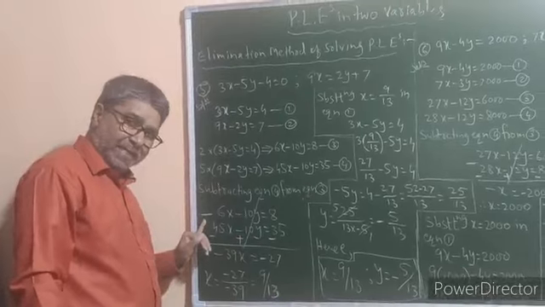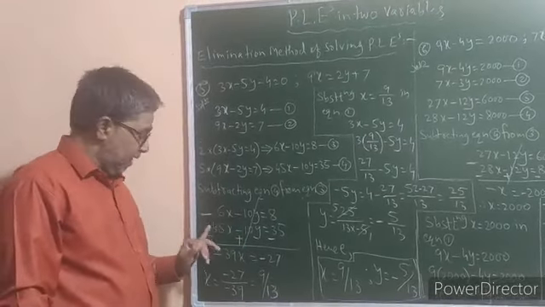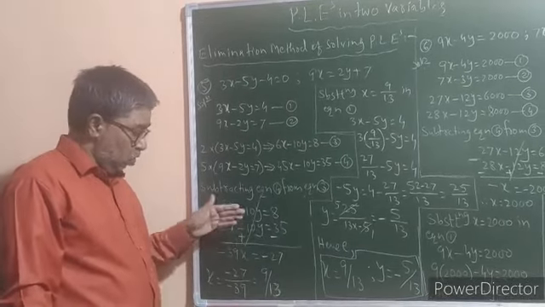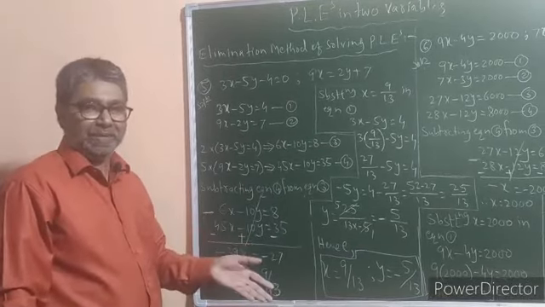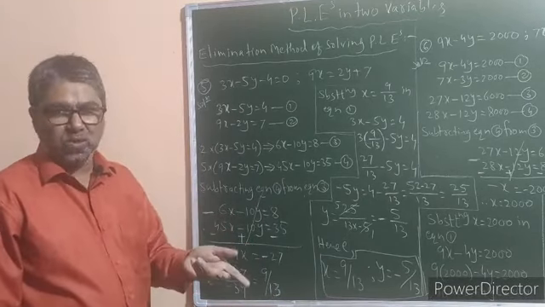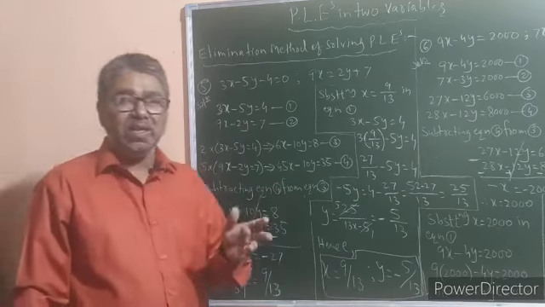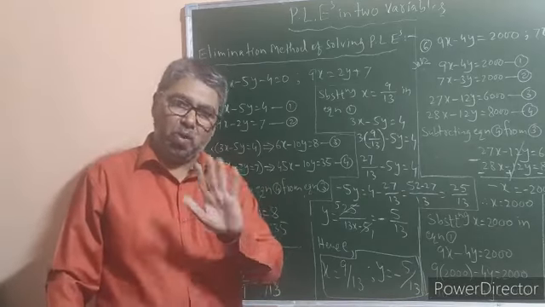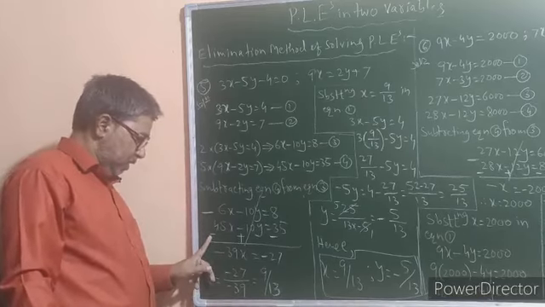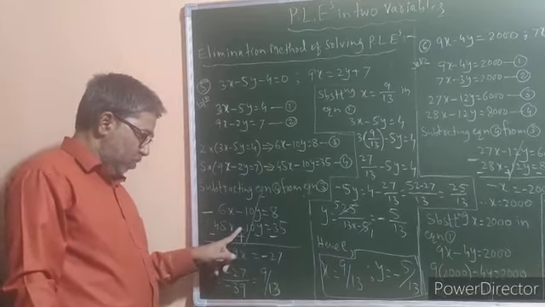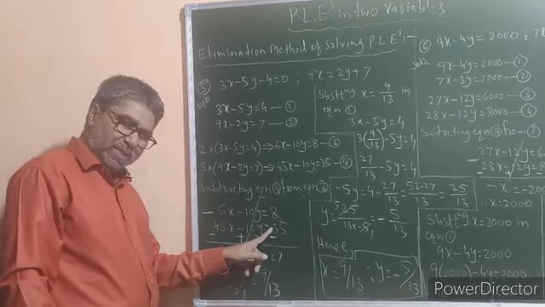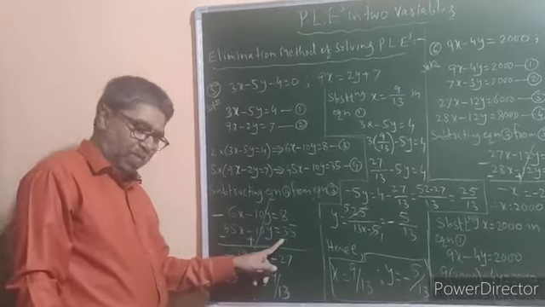Subtraction is nothing but changing the signs of the terms of the lower equation and adding. If the term has got plus sign, it is to be converted into minus. If the term is negative, it is to be converted into positive. So 45x has got plus sign right now, you convert it to minus. 10y has got minus sign, you change it to plus. 35 has got plus sign, again you change it to minus.